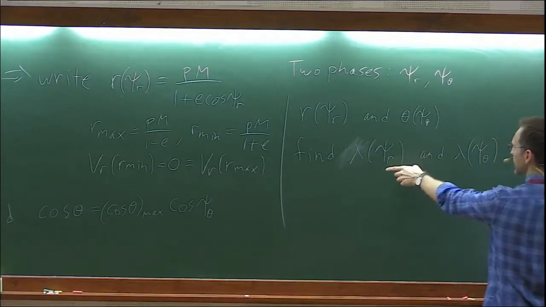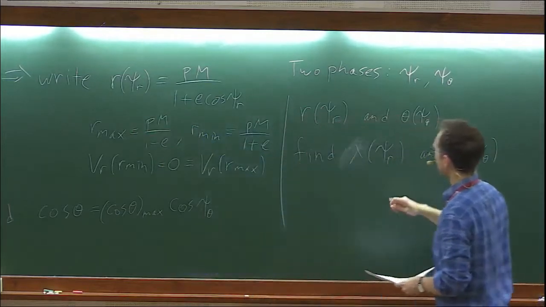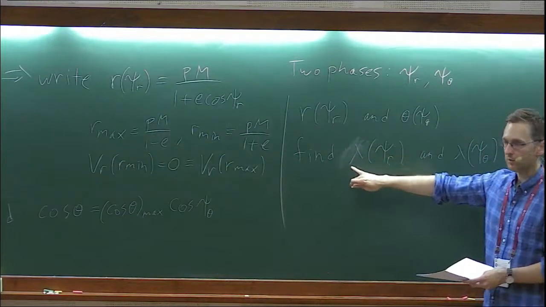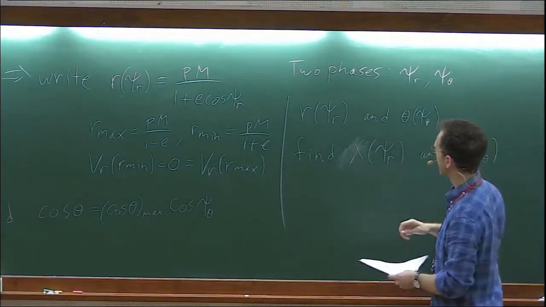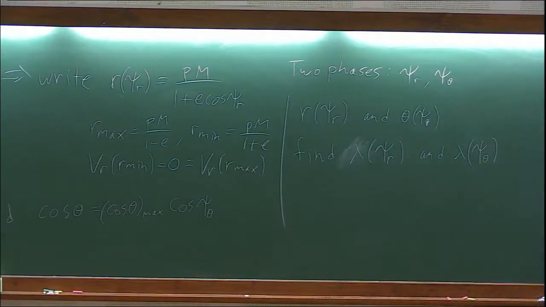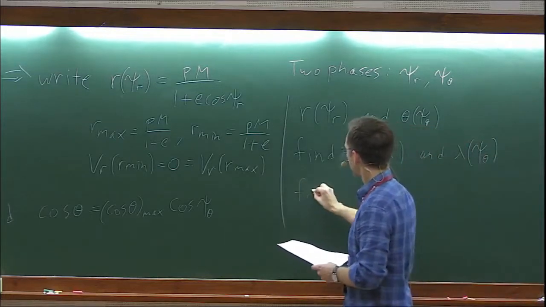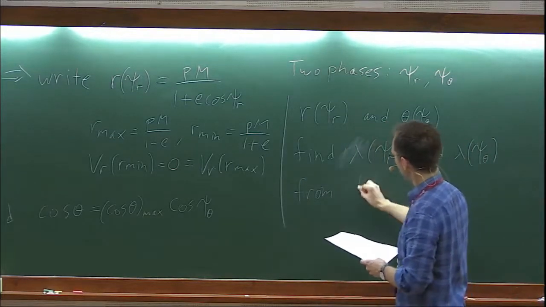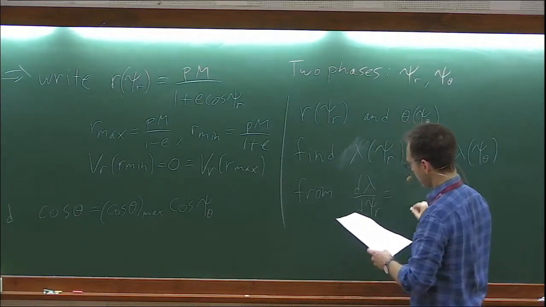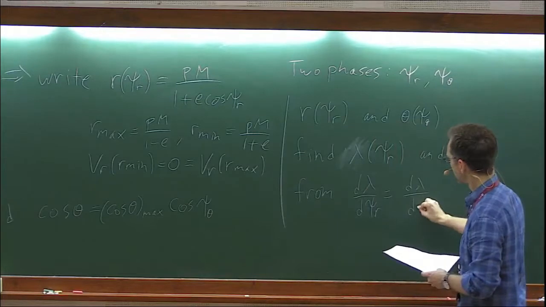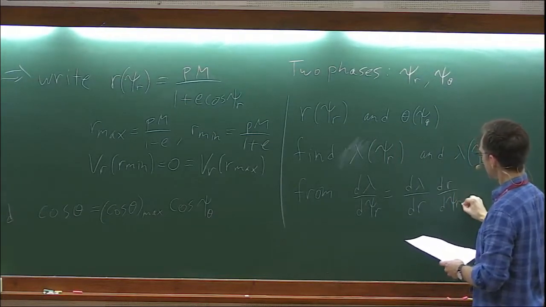So we specify a value of psi r, that gives us a value of r, and now we want to find the corresponding value of lambda at that value of r. And similarly, we specify psi theta, that gives us a value of theta, and we want to find the corresponding value of lambda. So we find these just using the chain rule. d lambda d psi r is d lambda dr times dr d psi r.